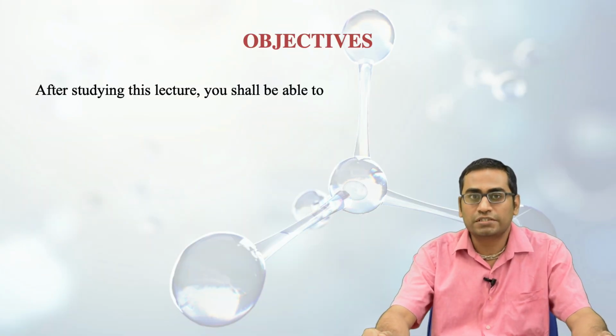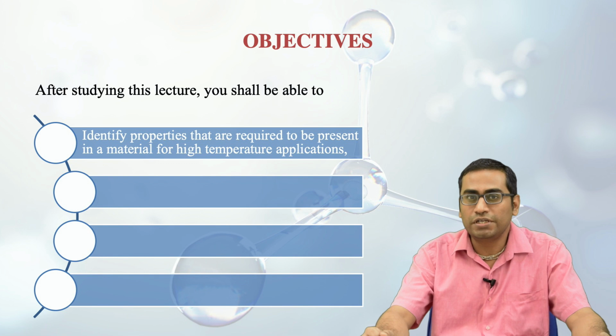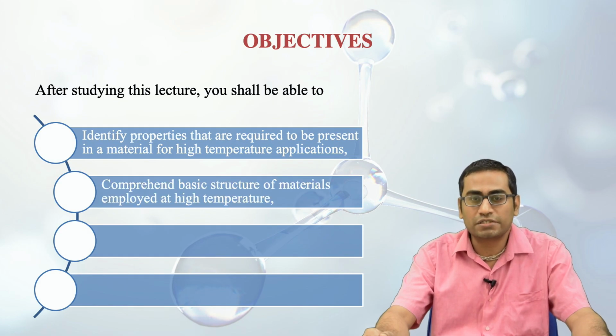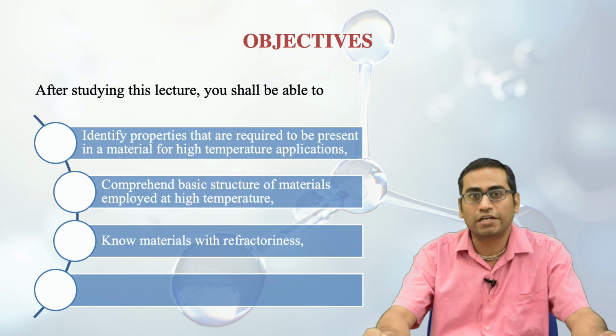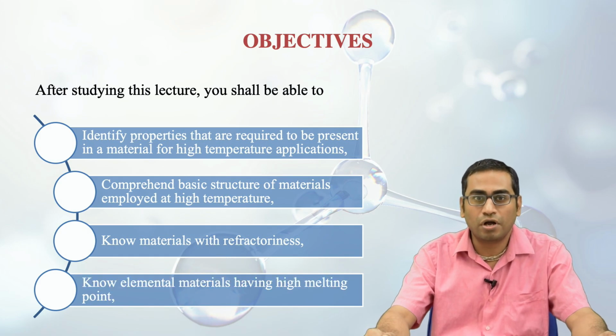The first one is to identify properties that are required to be present in a material for high temperature applications. Then you will have to understand the basic structure of materials employed at high temperature. Further, you will know about the materials which are employed for refractoriness. You will also know about the refractoriness, and about the elemental materials having high melting point.